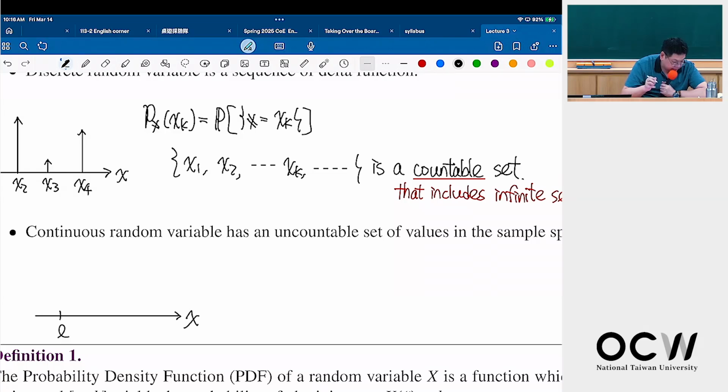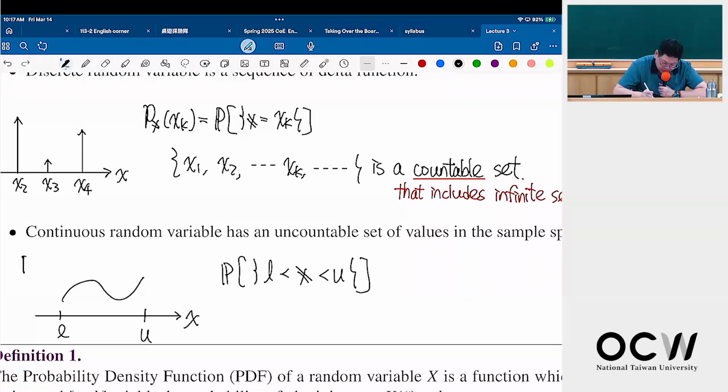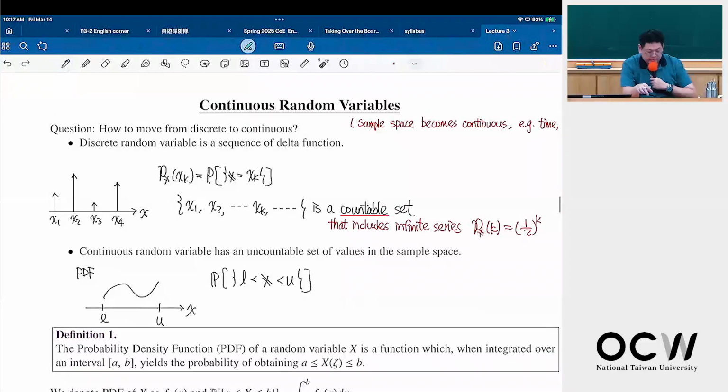So from L to U, I want to find the probability between L and U. I cannot just find one point, one point, one point.